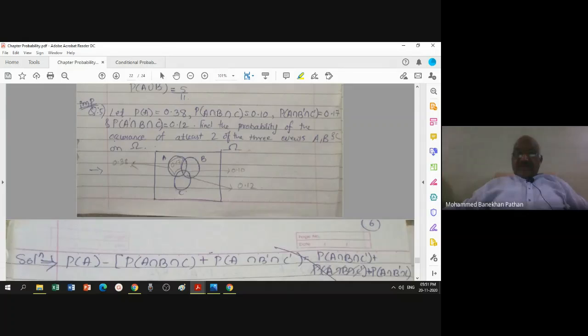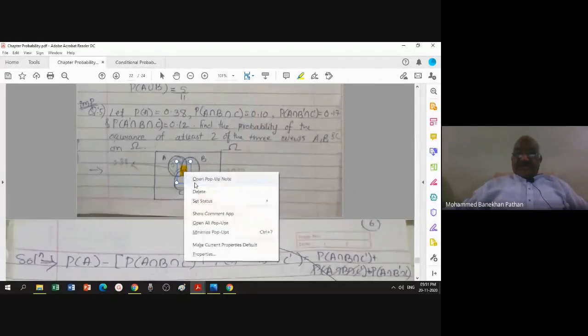Now I will put these values in the Venn diagram. A ∩ B ∩ C is 0.10. I put an arrow. This small part, you can see the arrow, this black circle is 0.10.